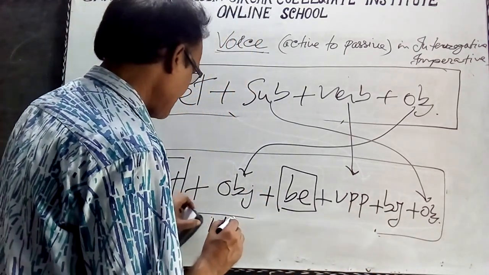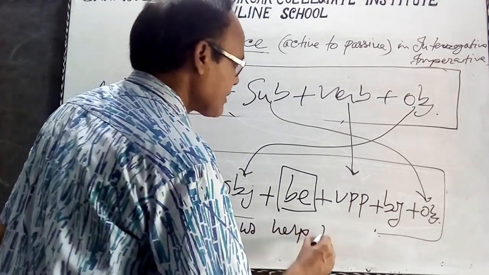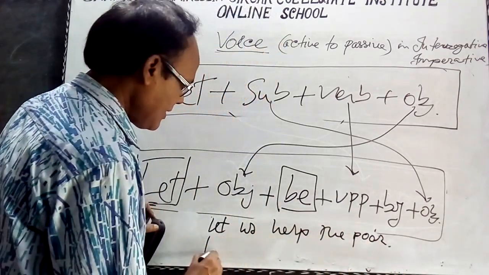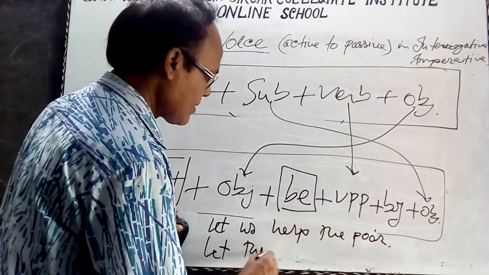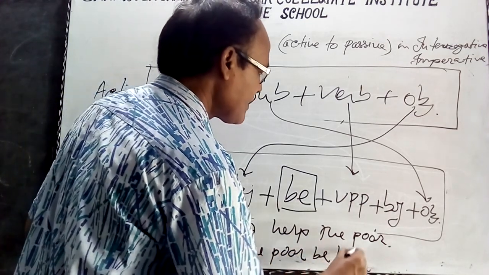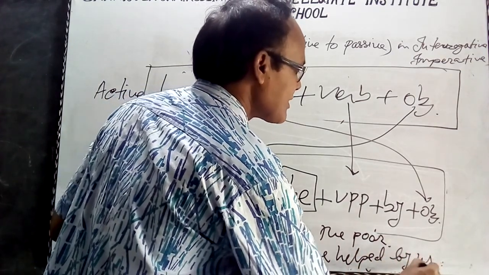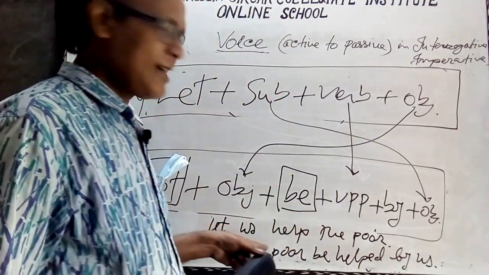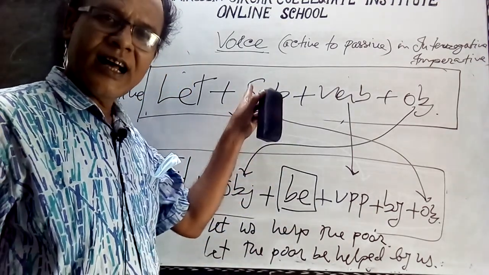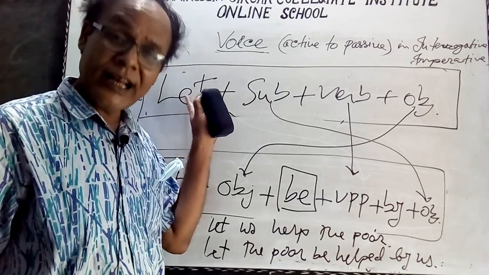Let us help the poor. Let the poor be helped by us. This is the structure of active to passive in the imperative sentence when the sentence begins with let.